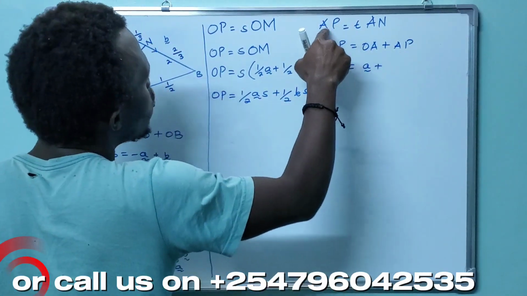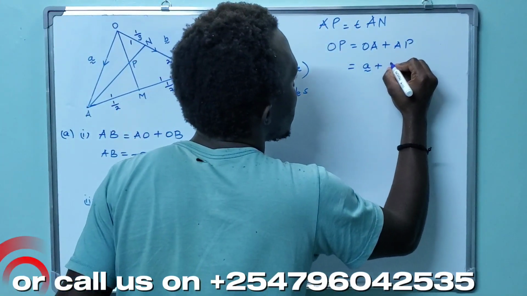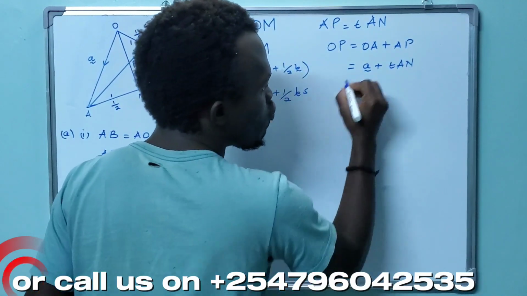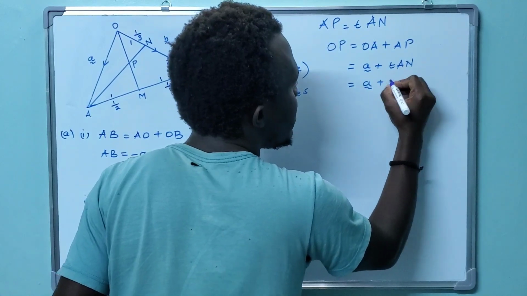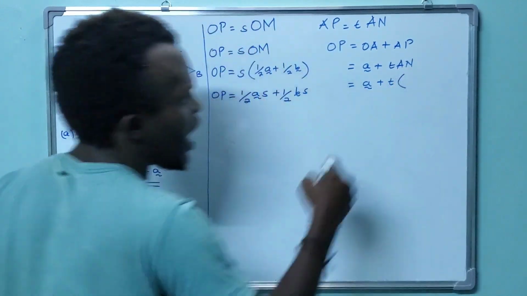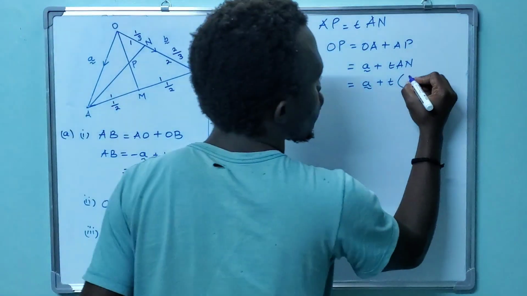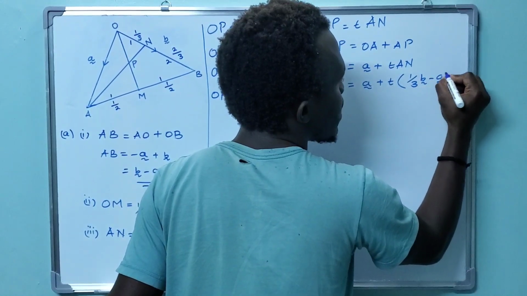Now, remember, you've been told here that AP equals T AN. So, it means that OP is going to be vector A plus T into vector AN. AN, we've gotten it here. Here it is. A third vector B minus vector A. So, I'm going to have there a third vector B minus vector A.